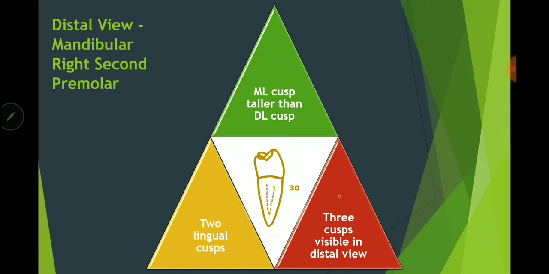And you have here, this one here. I'm going to put a star here, so you know. You have 3 cusps which are visible in the distal view. So when you're in distal view, you see all 3 cusps. And you have 2 lingual cusps in the mandibular second premolar.